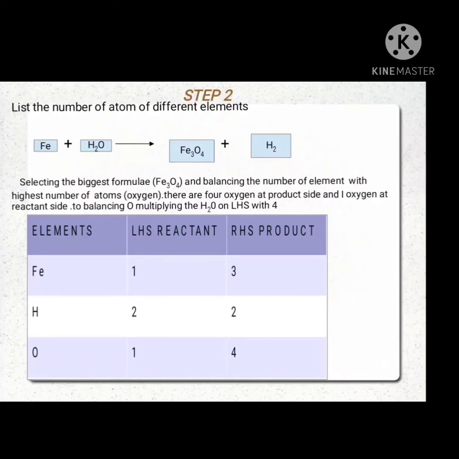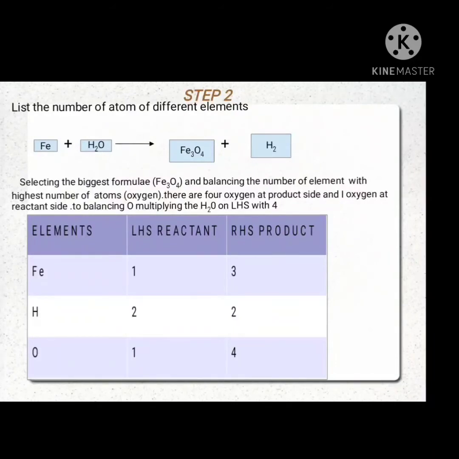Then we are going to select the biggest formula. Which is the biggest formula here? Fe3O4. And balance the element with the highest number of atoms. Here, the element with the highest number of atoms is oxygen. There are 4 oxygen atoms present on the product side.